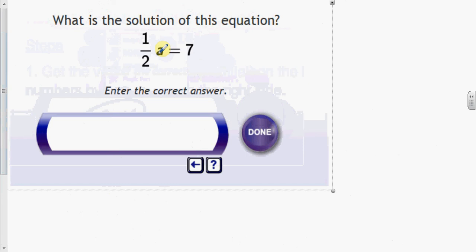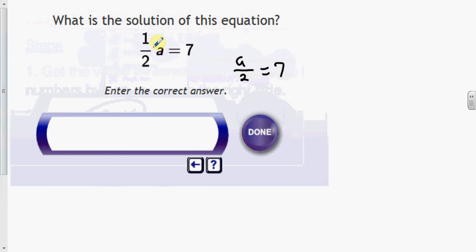If you have a variable divided by a number, you say, well, where is it divided? Well, this is actually a over 2 is equal to 7. Right? 1/2 times a is 1 times a, which is a divided by 2. So if I have a variable divided by a number, then to get the variable by itself, or to isolate it, I'm going to multiply both sides by that number.